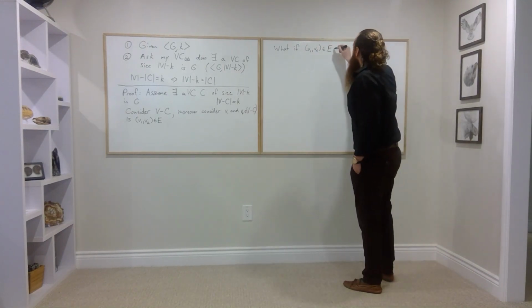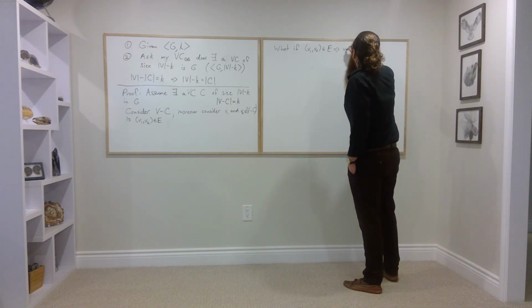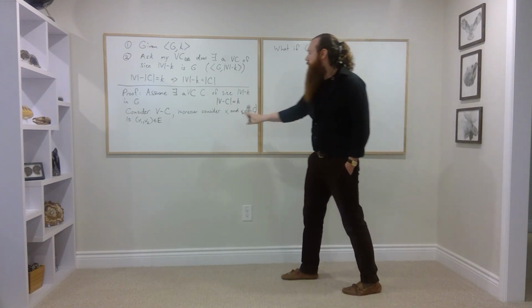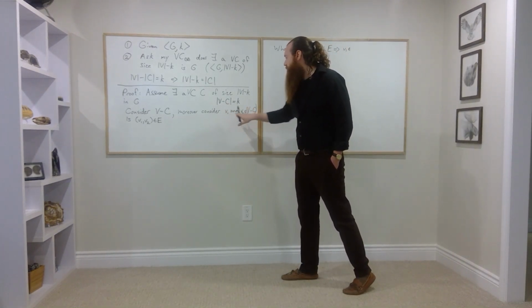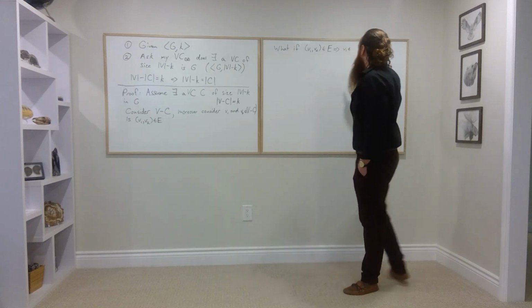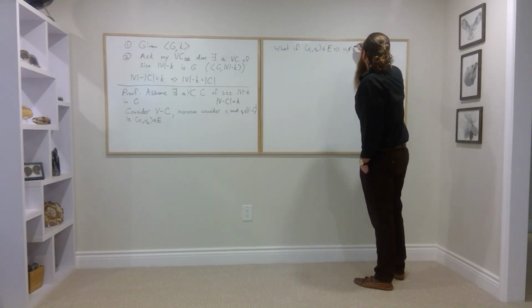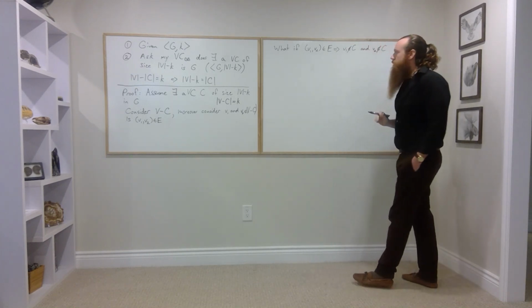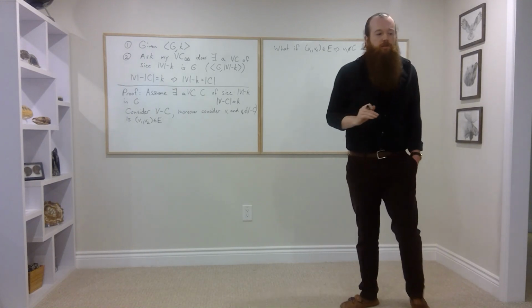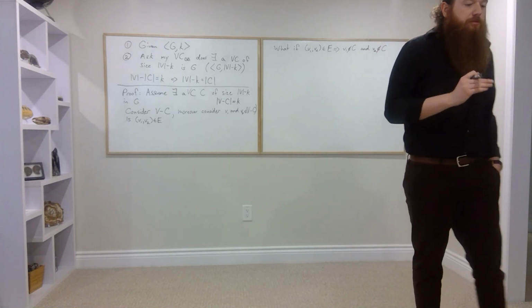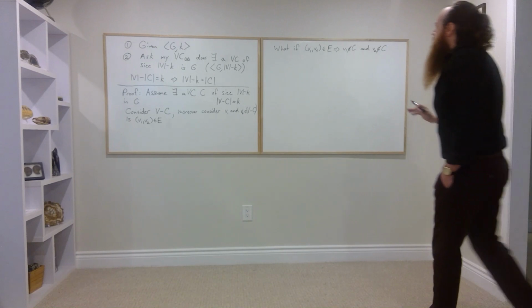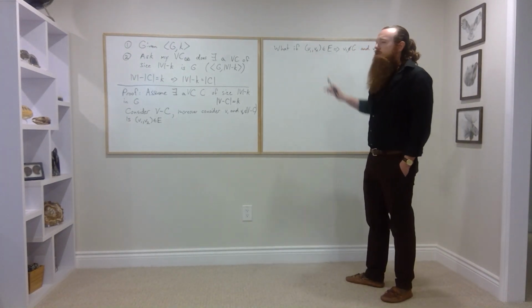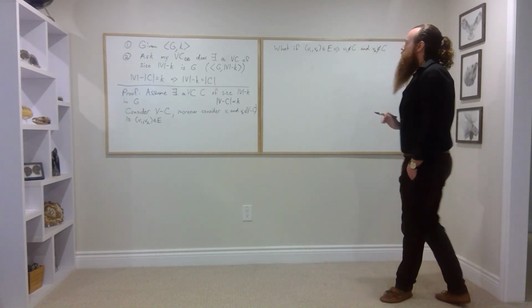That implies, by definition of V1 and V2 being in the set V minus C, that V1 is not an element of C, and V2 is not an element of C. Remember? And look at this, the edge V1, V2 is in my graph.